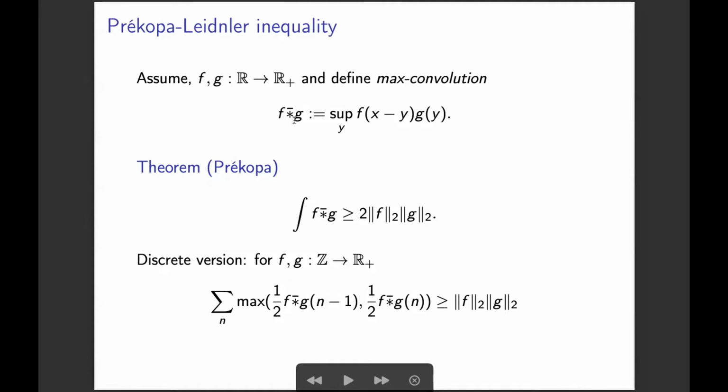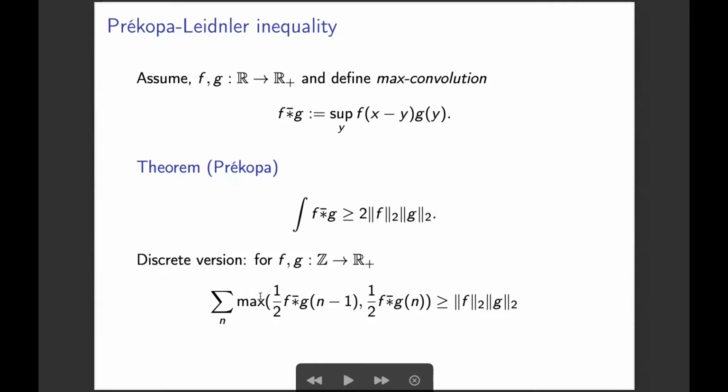So f max-convolved with g at x is the supremum over y of f(x minus y) times g(y). And in a continuous setting, it's a classical result of Prékopa that the L1 norm of the max convolution can be bounded by the norms of the functions f and g.